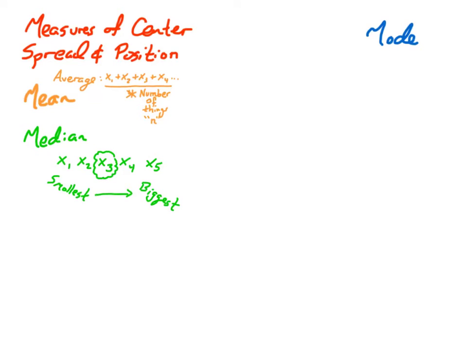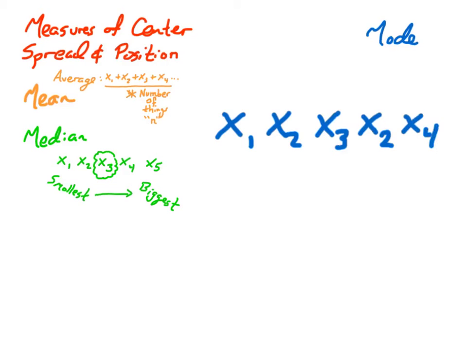So there's the median. Now the mode is, again, I'm going to use that same x1, x2 analogy. These are numbers, right? Thing 1, thing 2, here's thing 3, but oh, look at this, we have another thing 2 in the set, and then of course we have a thing 4. Notice that we've actually repeated: we have this number and this number, and they're the same. x2 actually happens twice.